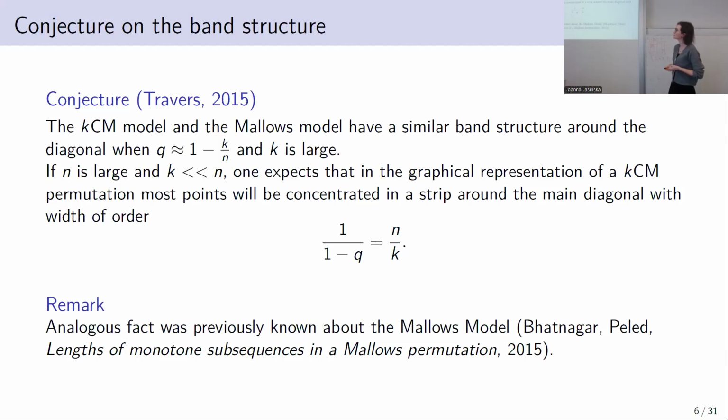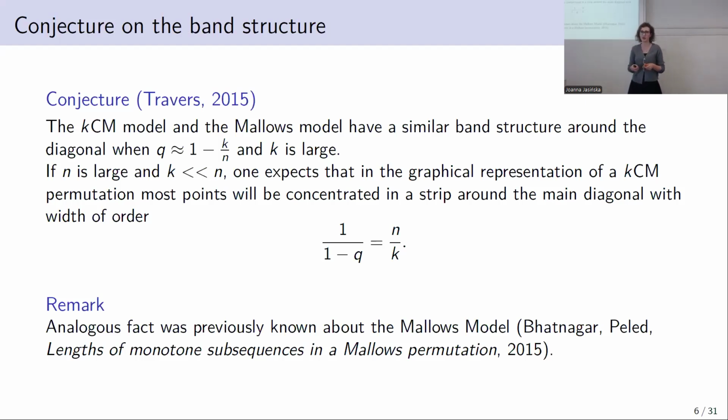What was observed is that if you pick q to be around 1 minus k over n in the Mallows model, where k is the parameter from the k-card minimum model, then those models have a similar band structure, and I will explain very soon what I precisely mean by the band structure.